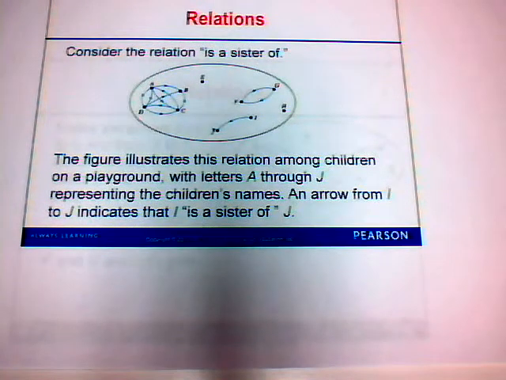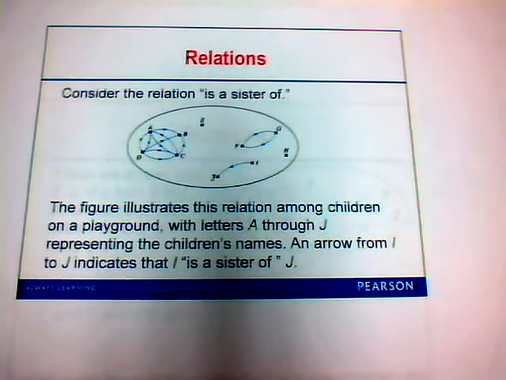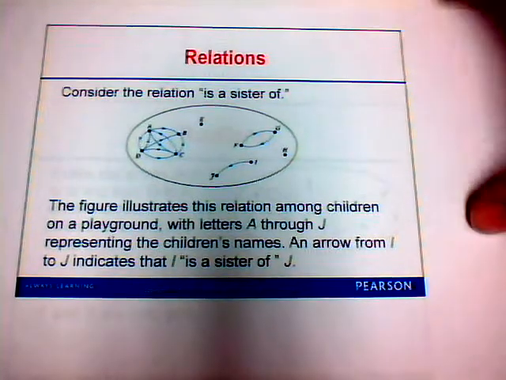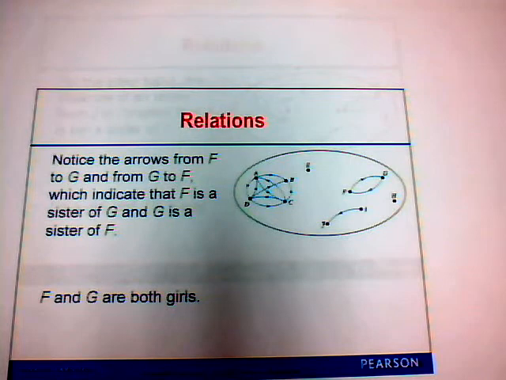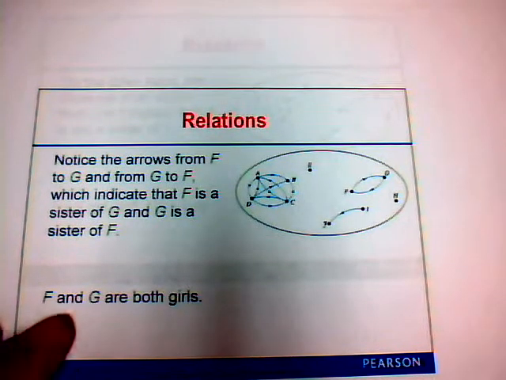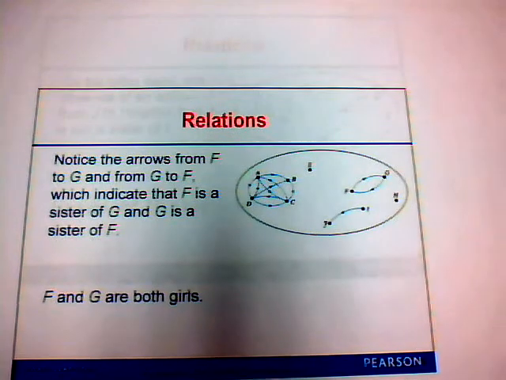Consider this relation: "is a sister of". The figure illustrates this relation among children on a playground, with letters A through J representing the children's names. An arrow from I to J indicates that I is a sister of J. Notice the arrows from F to G and from G to F, which indicate that F is a sister of G and G is a sister of F. So that means that F and G are both girls.